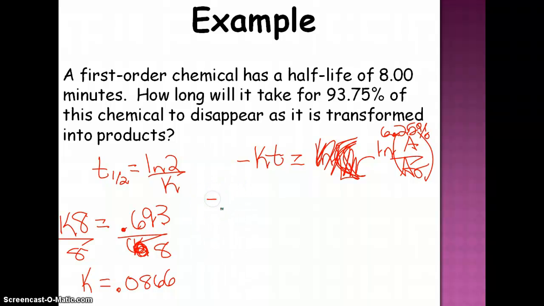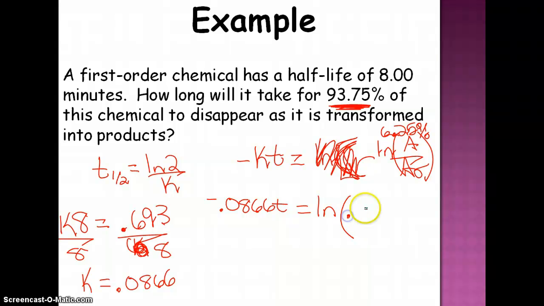Now we can plug that in over here because we're looking for time. So we have negative 0.0866 times time is equal to the natural log of only having 6.25% left, because we want this much of it gone. We're assuming our original amount is 100 and we only have 6.25 left.